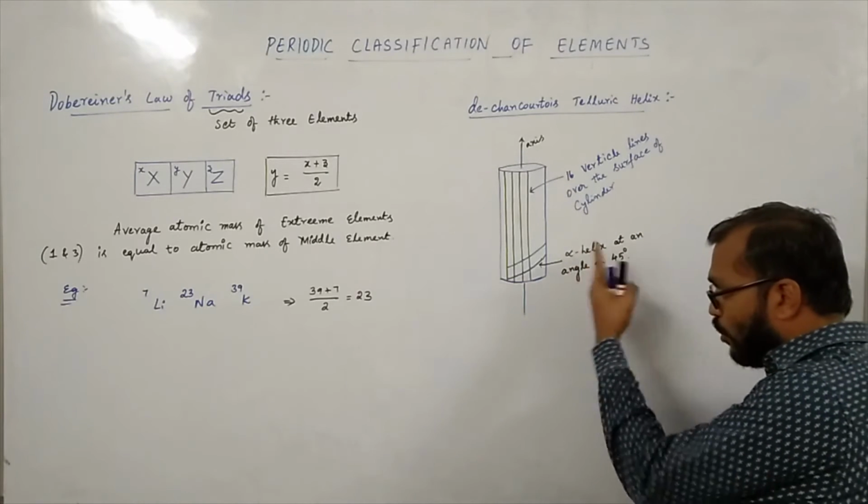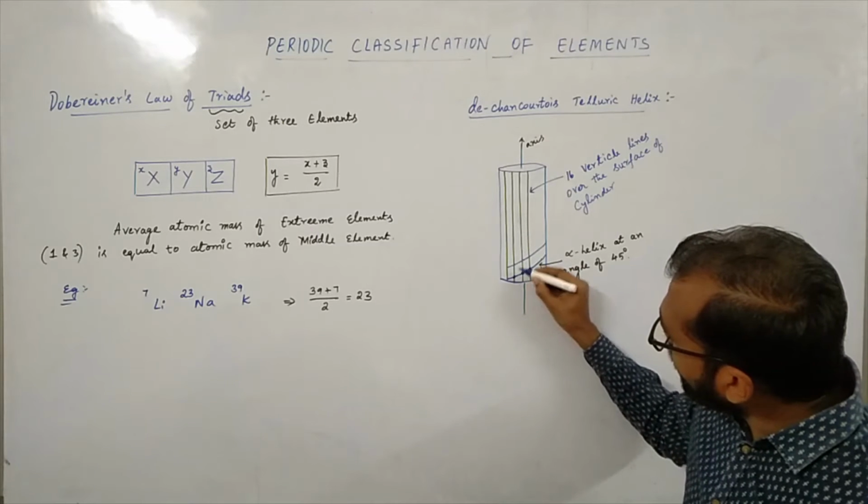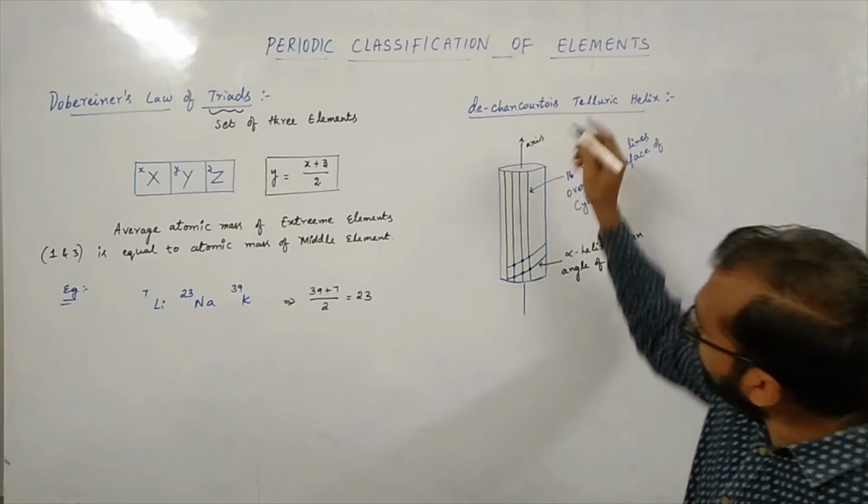Now, when the helix was drawn, some sort of staircase is generated with certain points which cut the vertical lines.